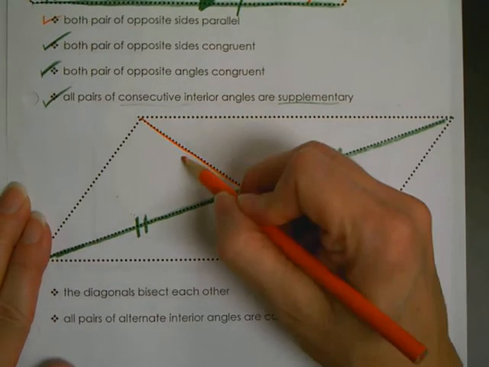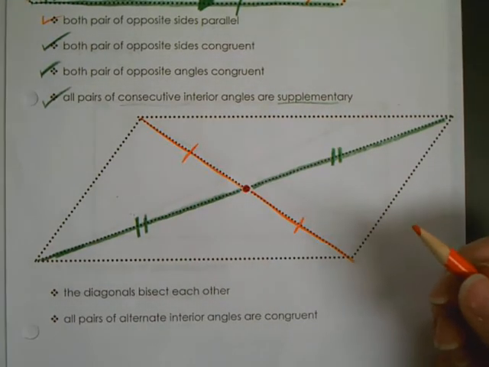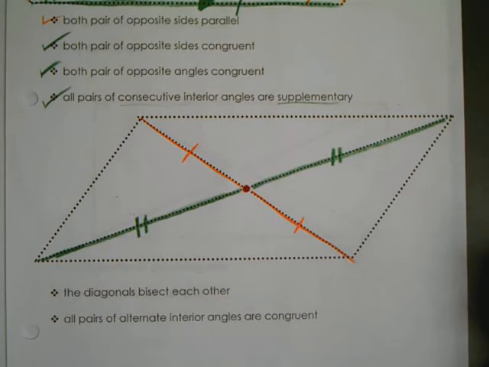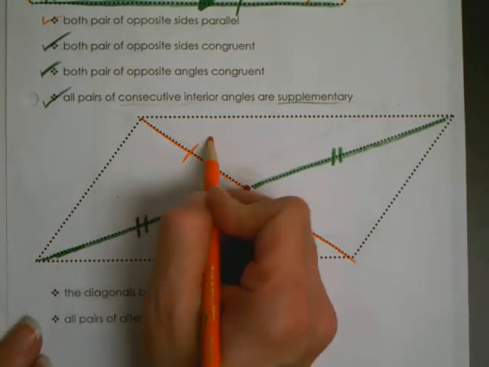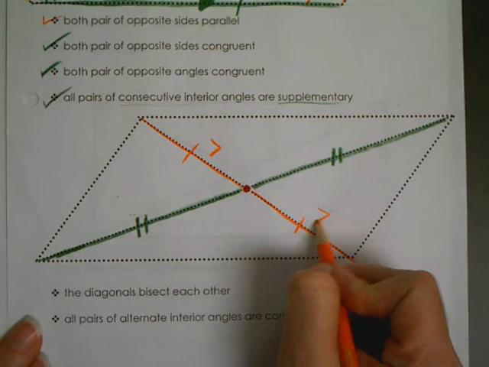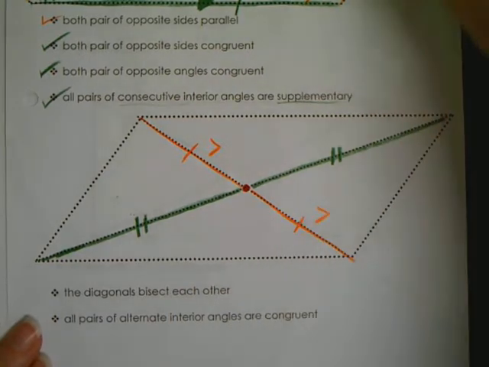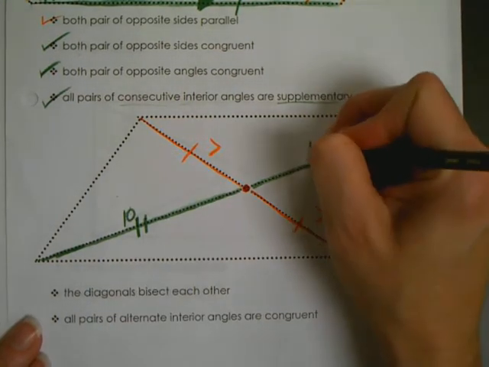I'm going to give those 2 little congruent marks. And then let's go ahead and give the diagonals a length of measure. Let's make this segment 7. So therefore this segment is 7. And on the longer diagonal, we'll make that one 10. And this one 10 as well.